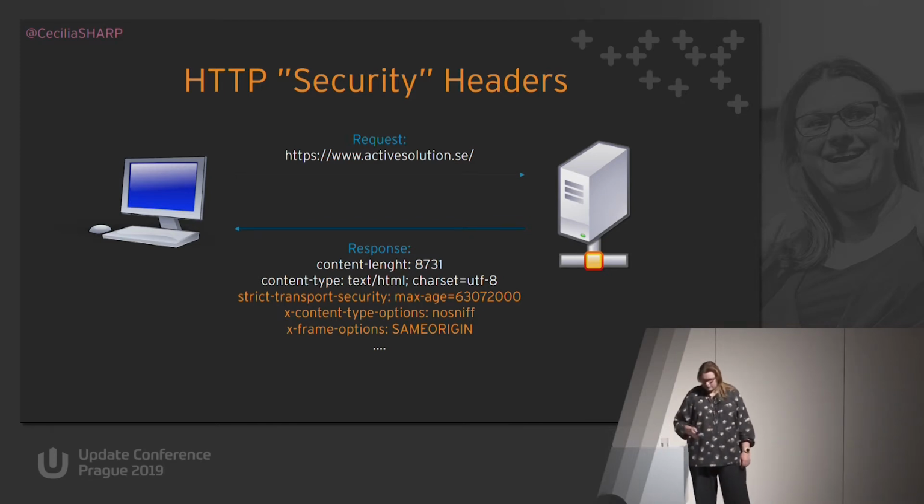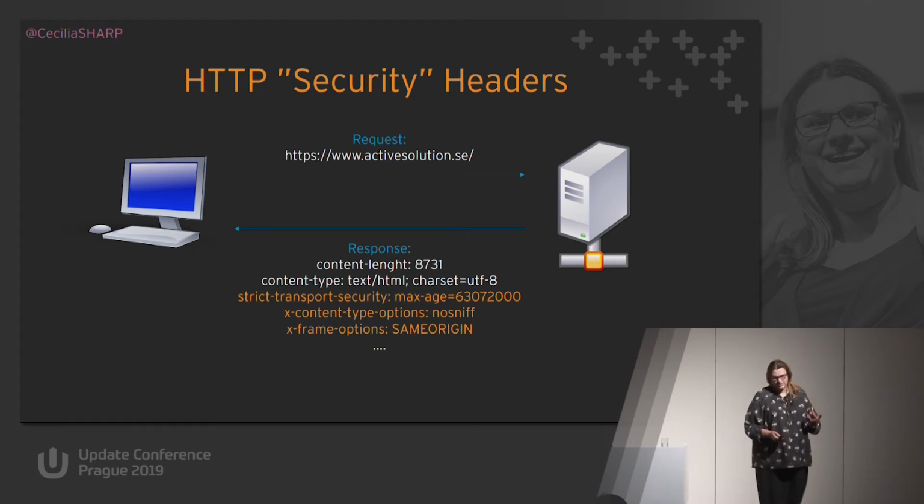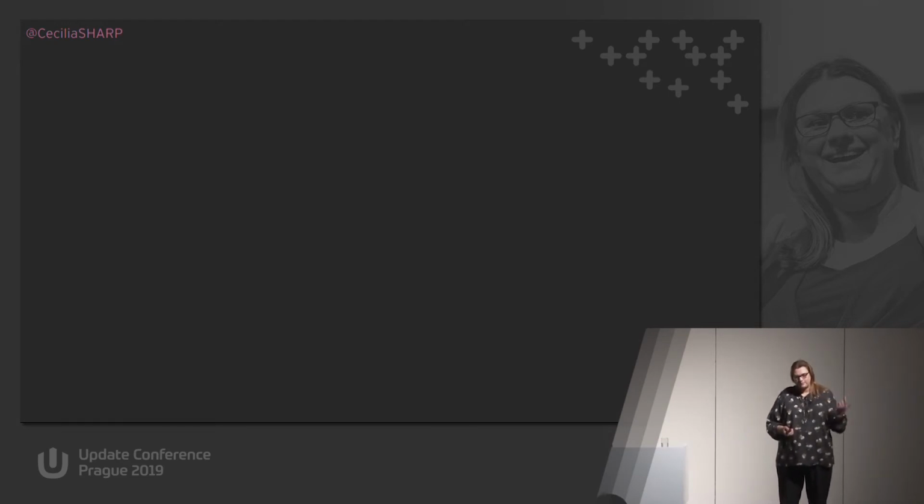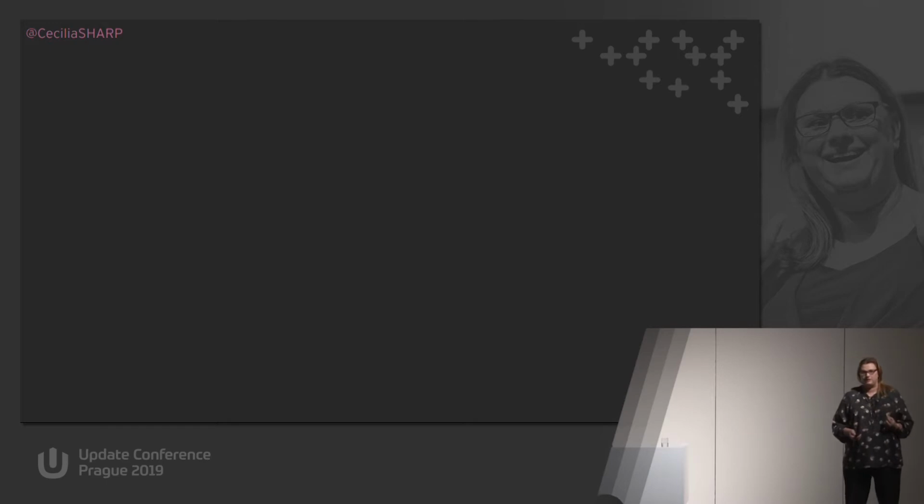And the question is, how much is this used? For that, I want to quote Scott Helme. He's doing a study twice a year on the top million sites, and looks at how much the security headers are used.